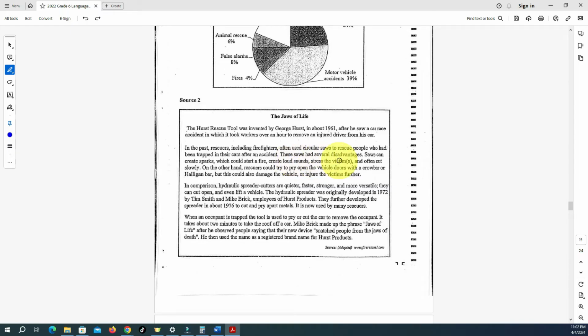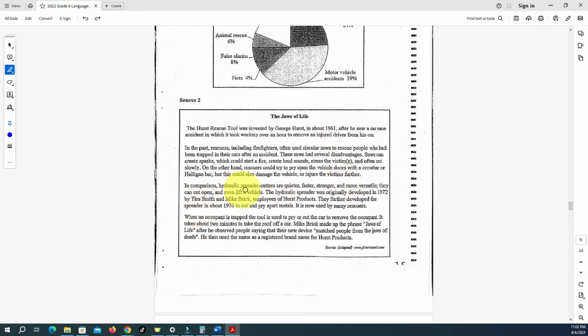These saws had several disadvantages. Saws can create sparks, which could start a fire, create loud sounds that stress the victim or victims, and often cut slowly. On the other hand, rescuers could try to pry open the vehicle doors with a crowbar or Halligan bar, but this could also damage the vehicle or injure the victims further.